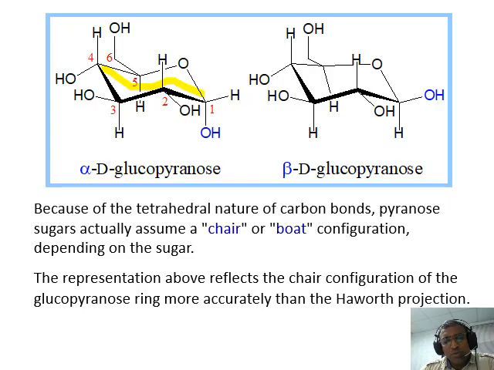So the glucose will take this chair configuration much better than the Haworth projection because this one has the least amount of strain energy on its interactions. That's why this is much more preferred than the Haworth projection.